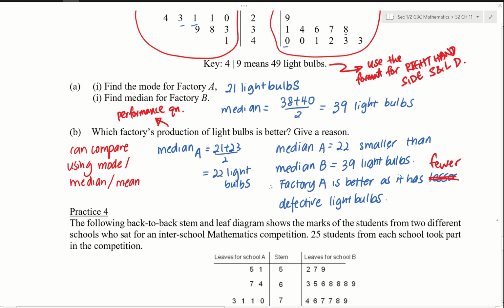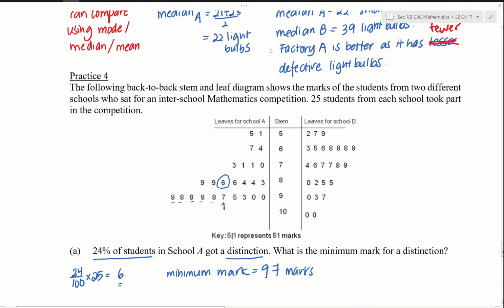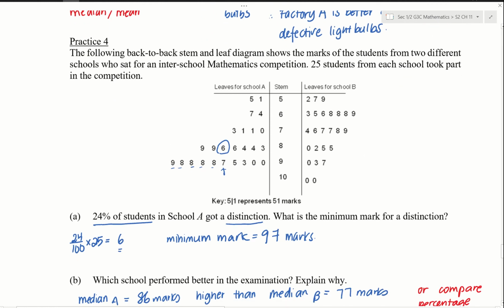Now practice 4. Here we have another back-to-back stem and leaf diagram. So we've got leaves for school A, leaves for school B. Then they tell us that 24% of the students in school A got distinction. So what's the minimum mark for a distinction? We need to find out how many students in school A got the distinction. School A only. So we start counting from the back.